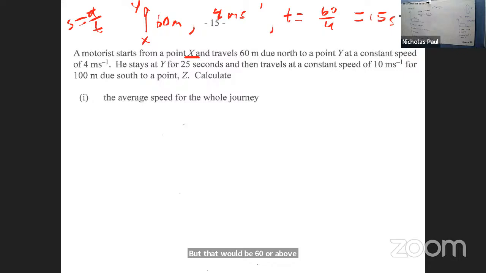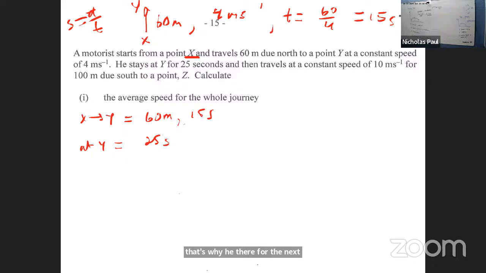He stays at Y for the next 25. So X to Y is 60 meters, 15 seconds. Then at Y, he stays there for the next 25 seconds.